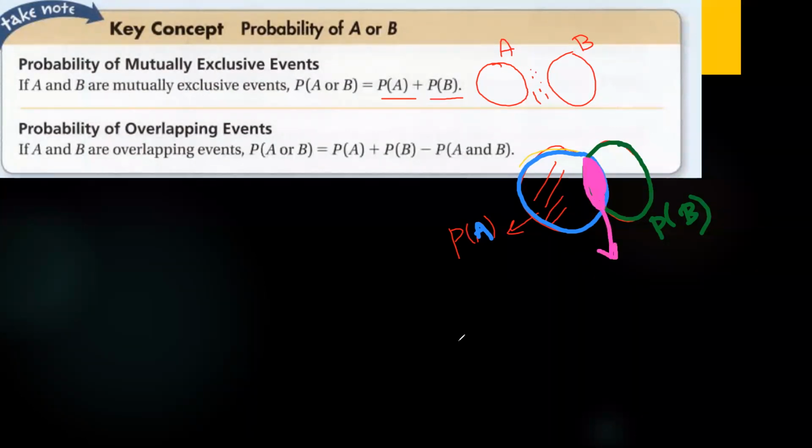This area here shows the probability of A and B. This is the probability of overlapping events.